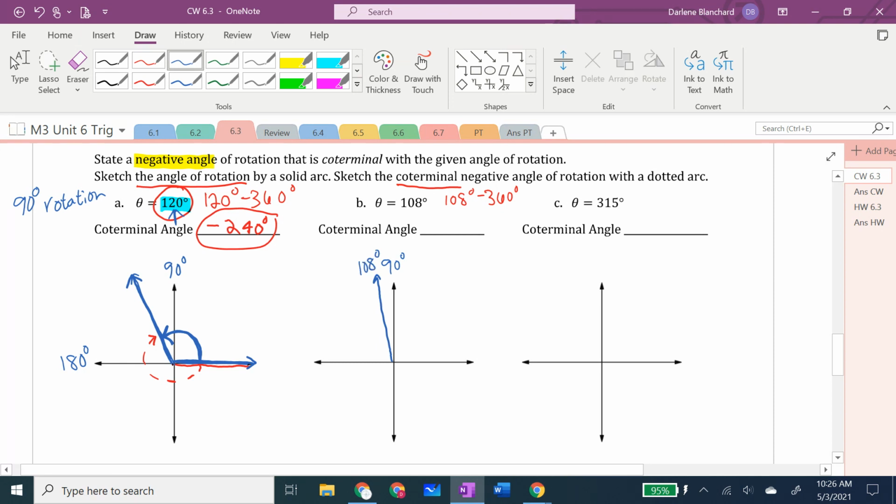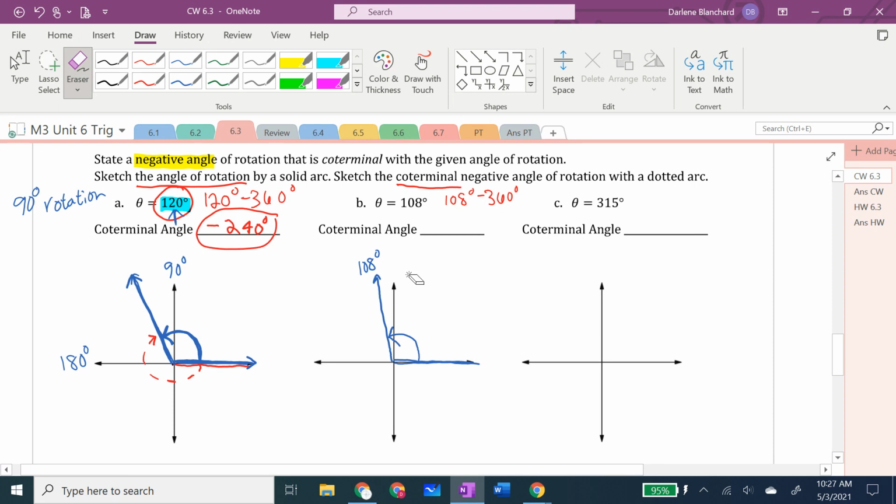And if I'm drawing that solid arc, I have my initial side, and then this arc with an arrow is explaining what angle took place, that it was in the positive direction and that it was less than one rotation.